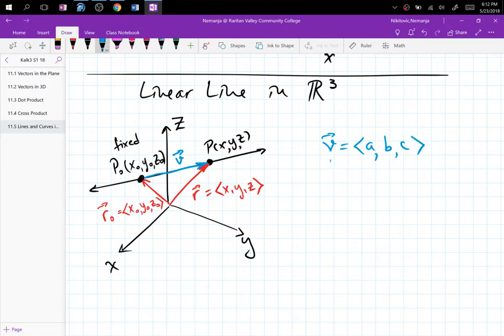I'm going to put in quotes here "3D slope." It's the way the line tilts in 3D, the orientation of the line. So that v is obviously extremely important.